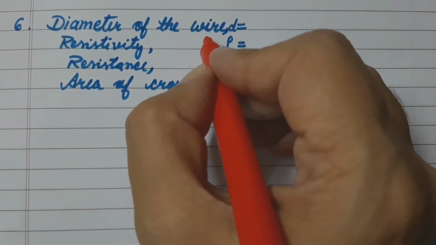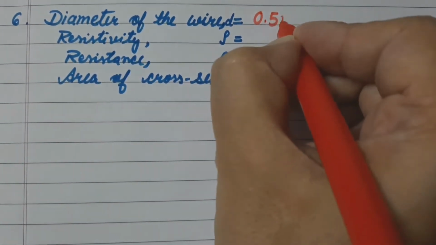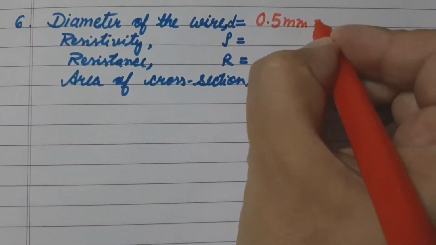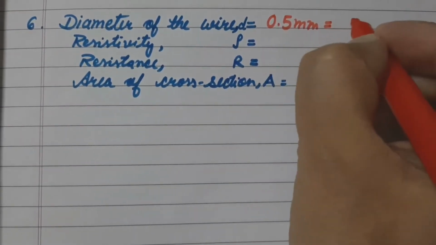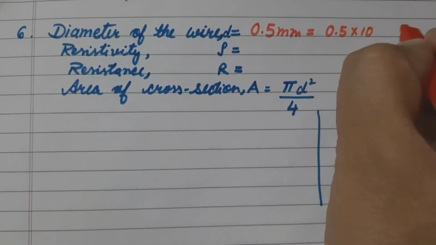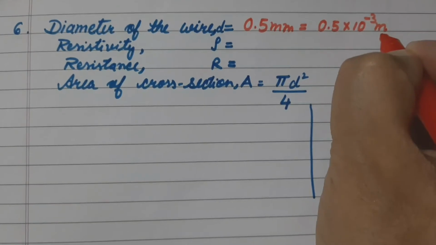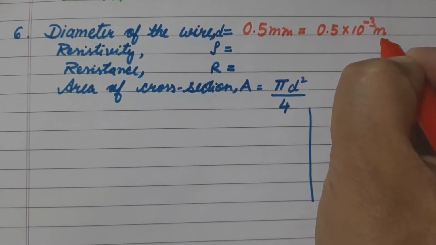Diameter of the wire D is 0.5 millimeter. We have to convert it into meter. 0.5 × 10^-3 meter, because meters are the SI units of length.